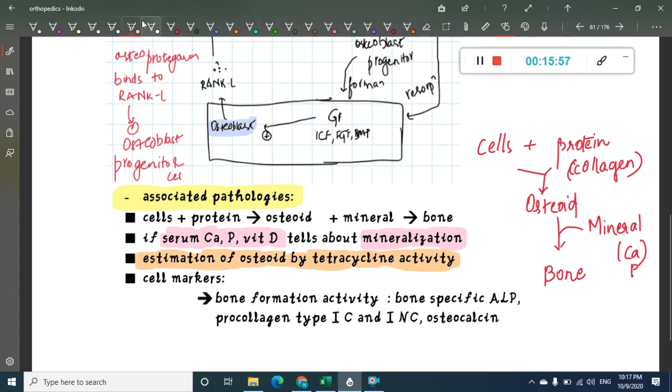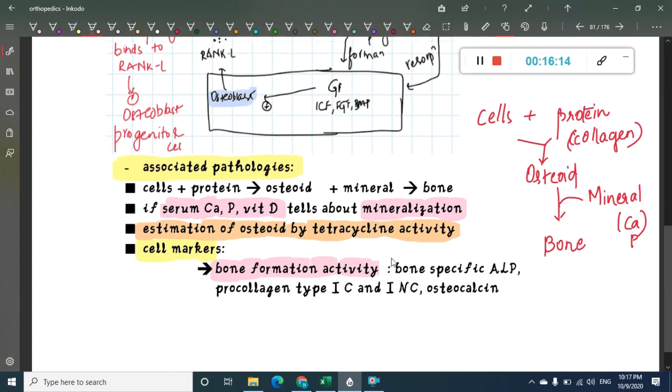Then let us now learn a few points about the cell markers. These cell markers are also very important. We have two types of cell markers: bone formation cell markers and bone destruction cell markers. First we will see bone formation cell markers.